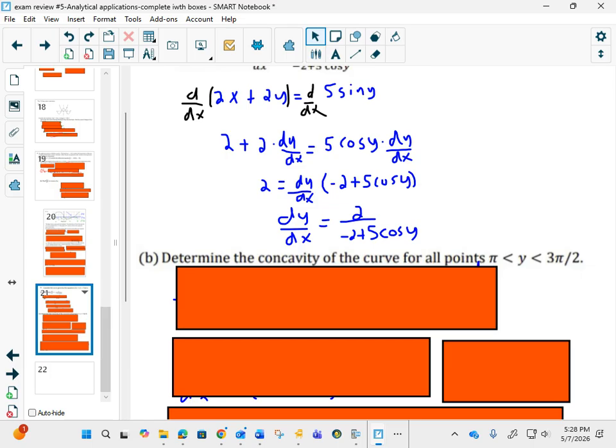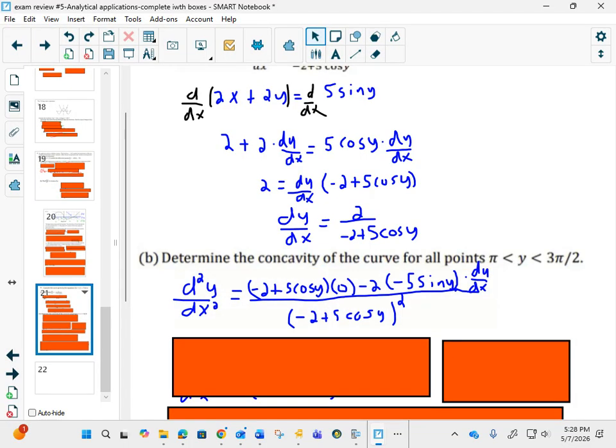Determine the concavity of the curve for all points between pi and 3 pi over 2. Do we have to do the second derivative? So you need the second derivative. It would be quotient rule. Keep the bottom the same, derive the top.